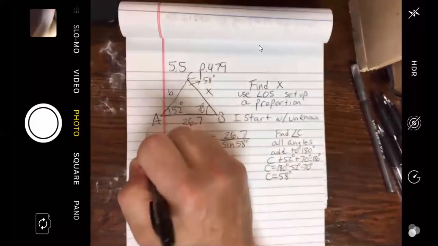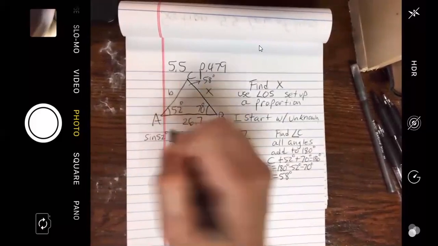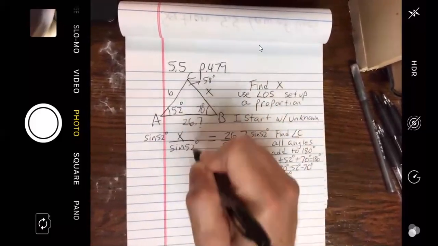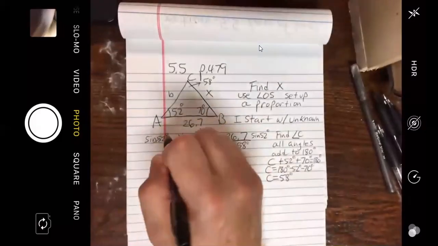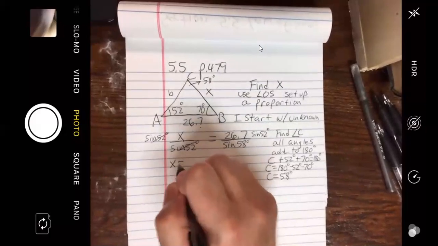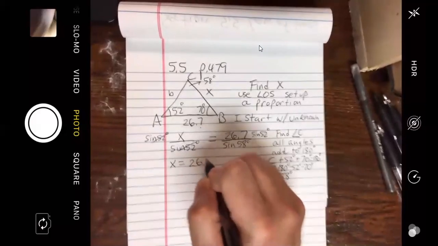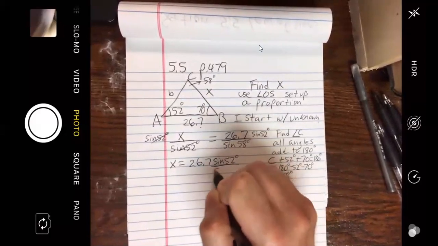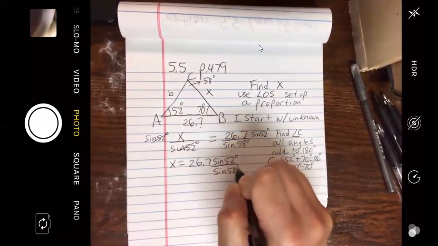So then I multiply by sine 52 degrees on both sides. You could also cross multiply. This times this times this. I just do whatever I have to do on the x. So I get one expression of 26.7 times sine 52 degrees divided by sine of 58 degrees.